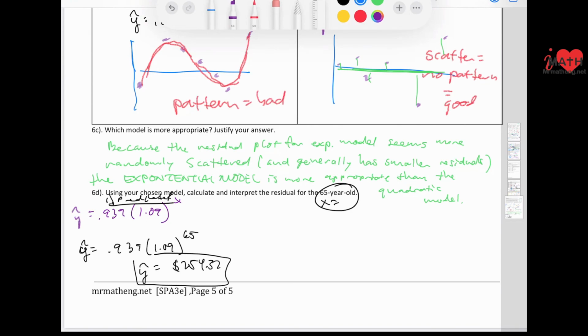And then to calculate the residual and interpret it, remember that residual is actual minus predicted. So a 65-year-old actual is 257.